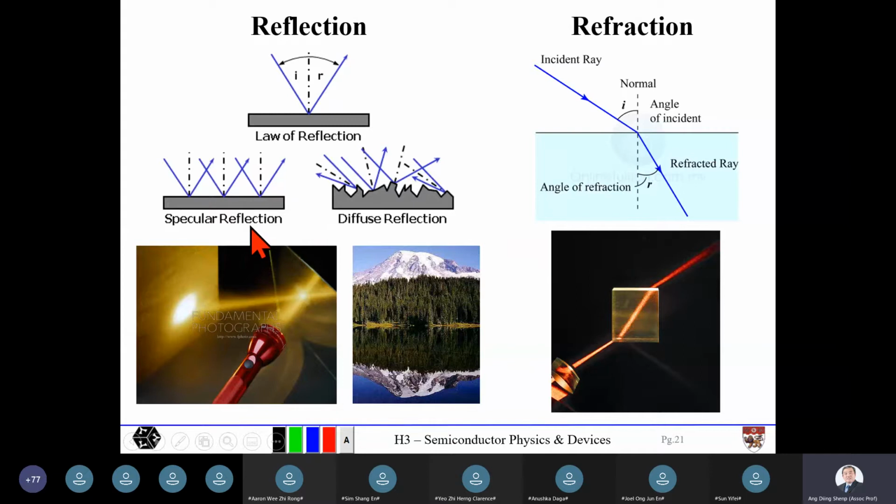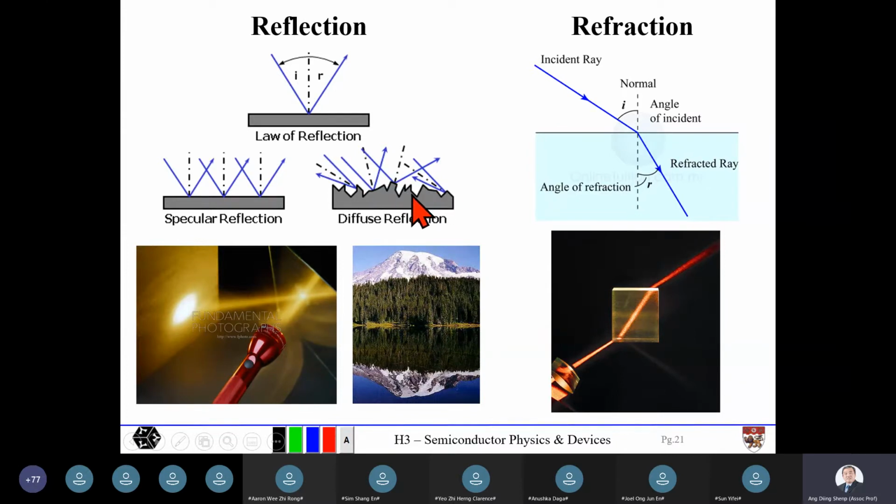One is called specular reflection. In other words, reflection happening at a very smooth surface where the light rays are reflected very consistently in the same direction like this. The other type of reflection is called diffuse reflection, which typically happens on a rough surface.